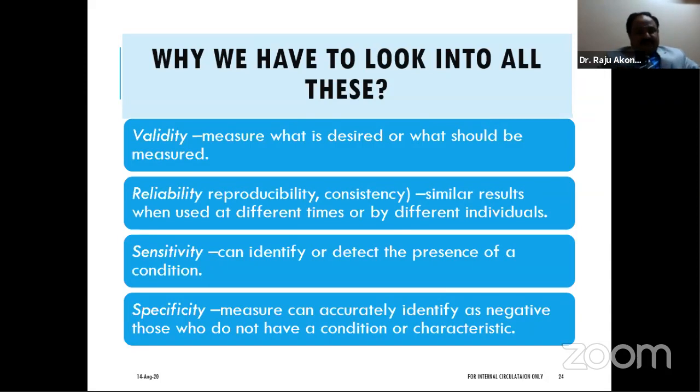Then sensitivity: can it identify or detect the presence of the condition? Specificity: is it specific to the current condition, characteristic, population, your society or not? If it is not specific, again, you cannot use it. So to know all this, you have to evaluate your clinical studies.